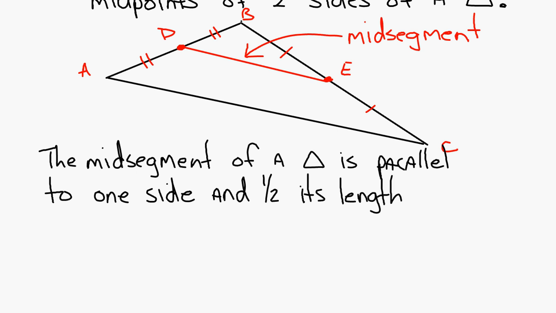So if a segment connects two midpoints, then it's called a midsegment. If it's a midsegment, it's parallel to one of the sides, which in this case is AC, and it is half of its length. Okay, so if AC is 20, then DE is 10.